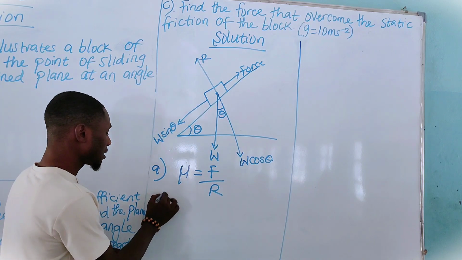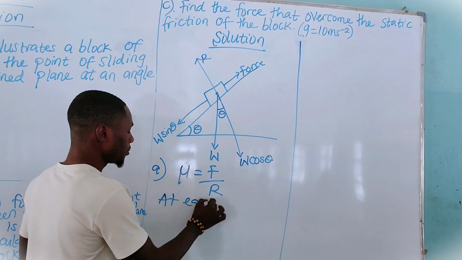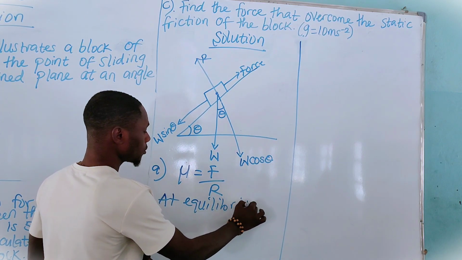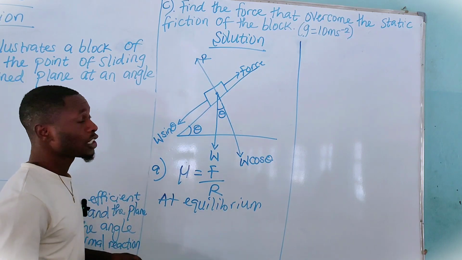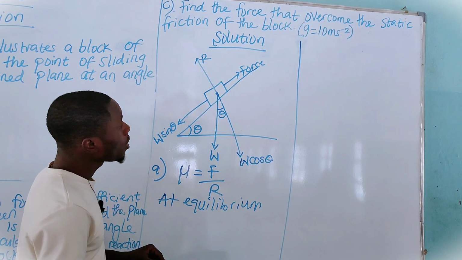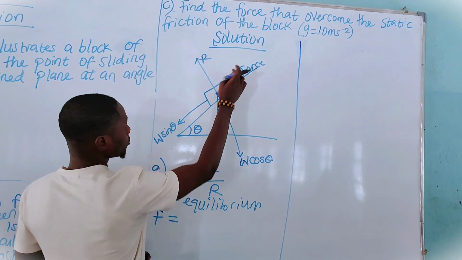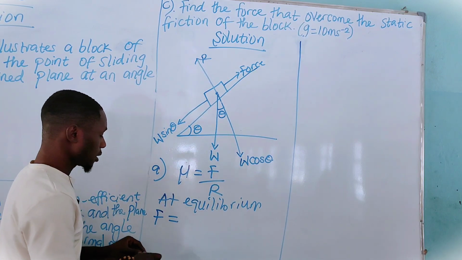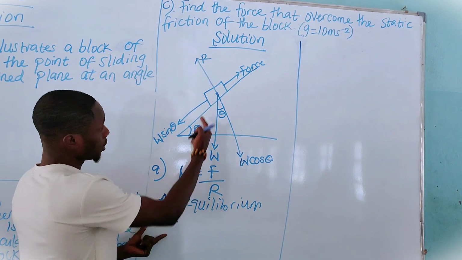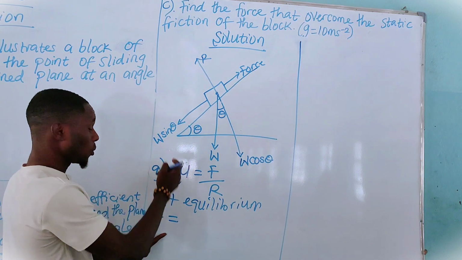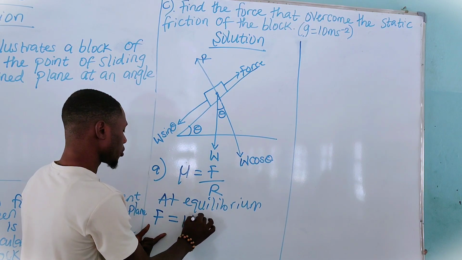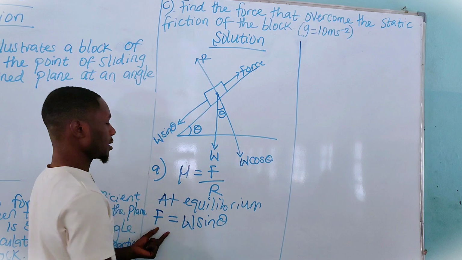So we can say that at equilibrium, the frictional force, or the force tending to pull it up, is equal to the vertical component of the weight, which is W sine theta.